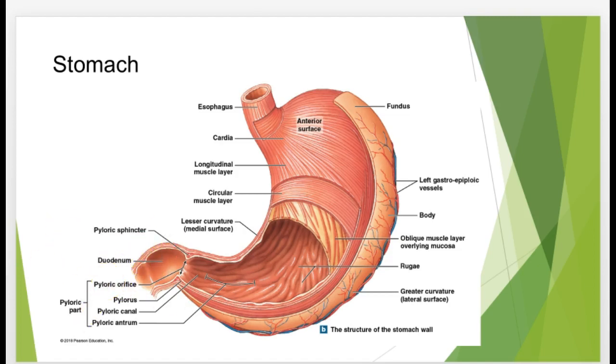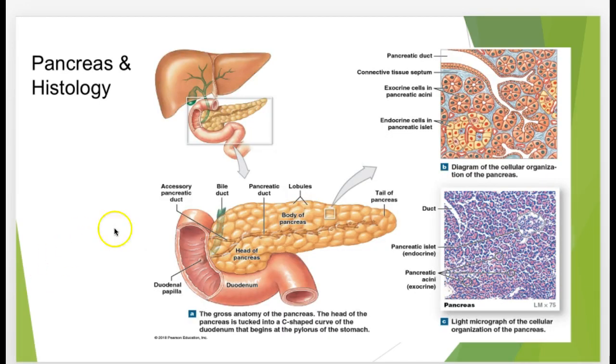So we have to wait and make sure that the pancreas is secreting the proper amount of bicarb in order to neutralize that acidity back out, all right? And you can see here, your pancreas also inserts in and comes into this common bile duct. That common bile duct is coming from the liver and the gallbladder, right?